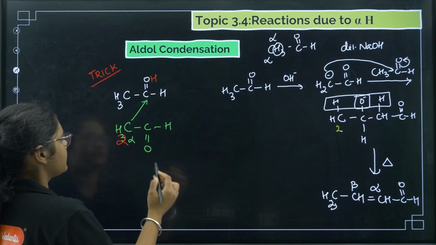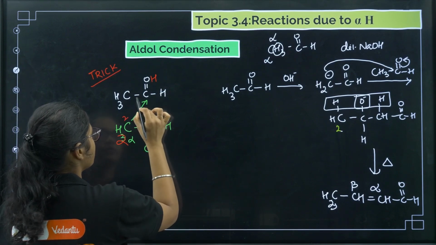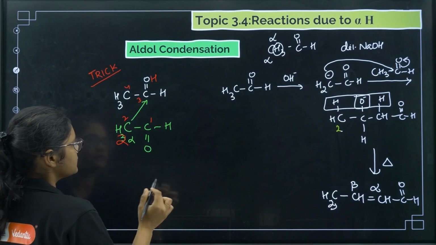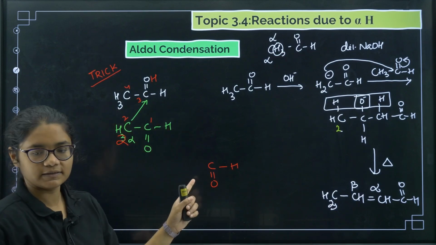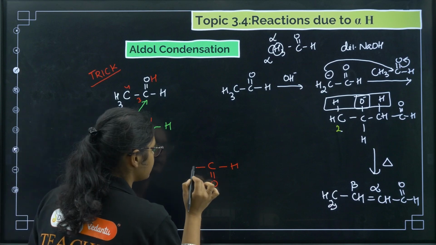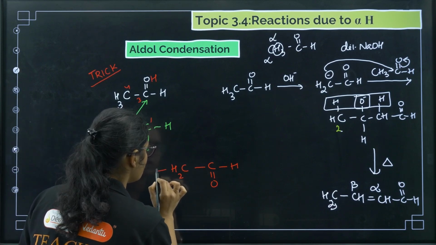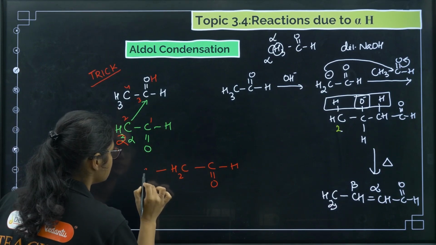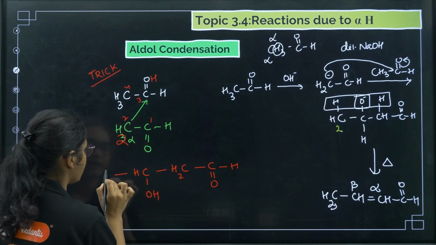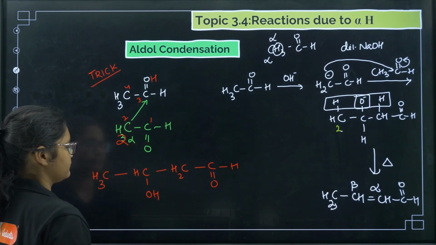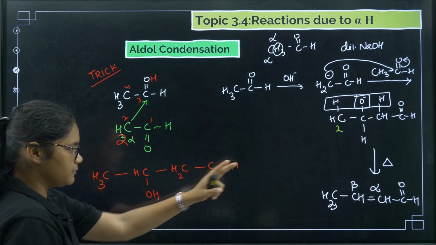Okay, so now if I write, 1, 2, 3 and 4. The first carbon is COH, the second carbon we have CH2, the third carbon we have CHOH, and the fourth carbon we have CH3. Now again there will be dehydration.